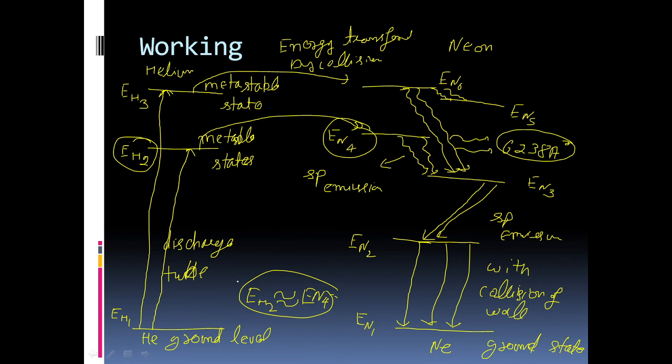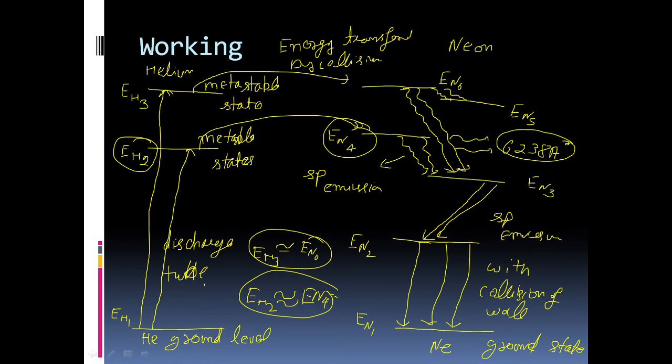The energy of EH3 is almost equal to En6, so the atom can transfer with collision from EH3 to En6 very easily.